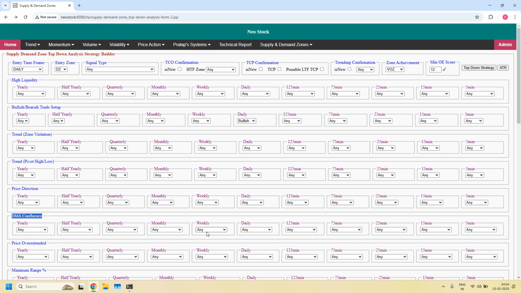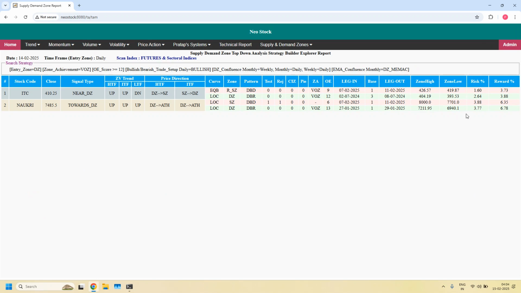In the EMA confluence, monthly time frame, I am selecting whether the monthly demand zone has monthly EMA confluence or not, because both trends are uptrend. You no need to filter on the trend. So both are filtered; both HTF trends are uptrend. EMA confluence is there, and in an uptrend, EMA confluence makes sense.